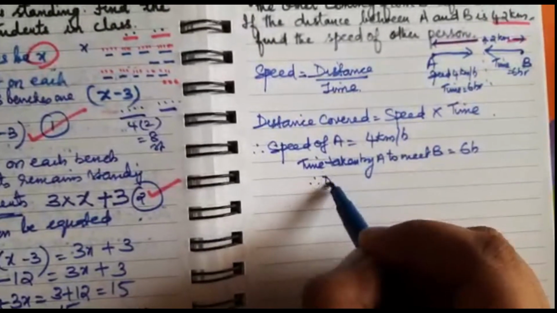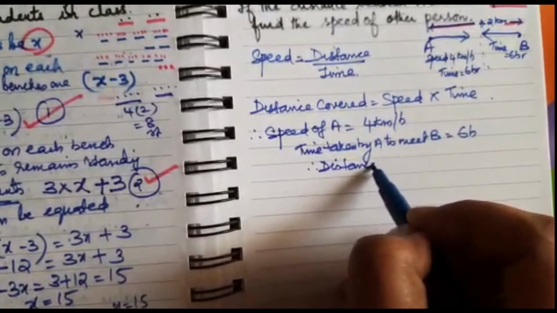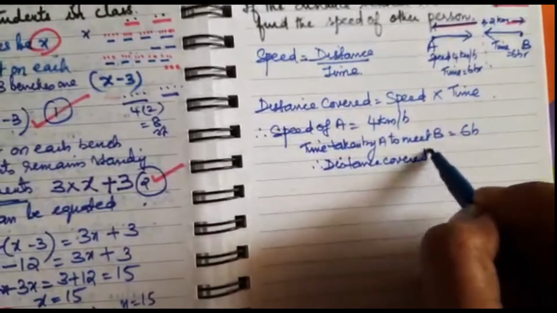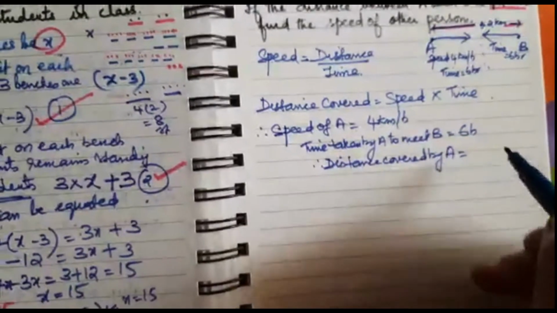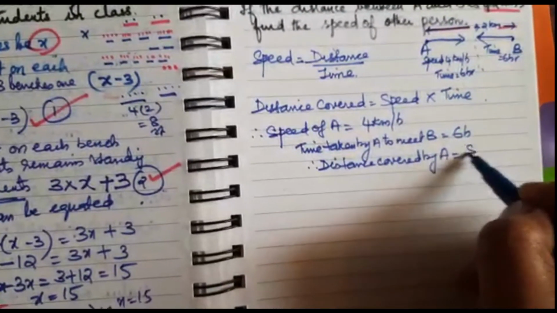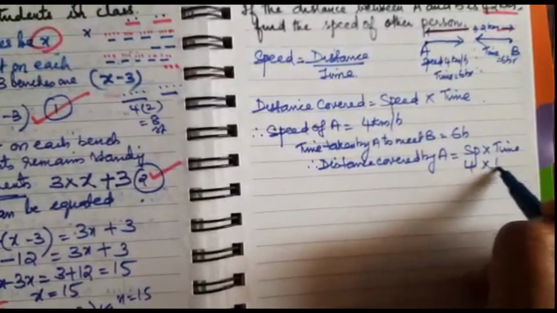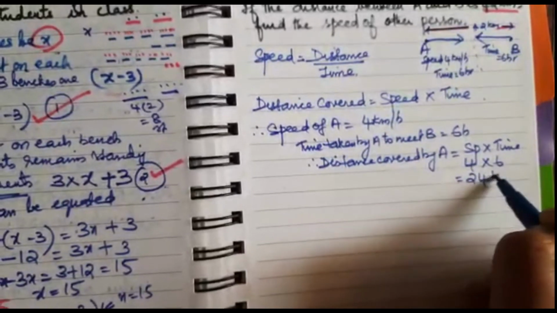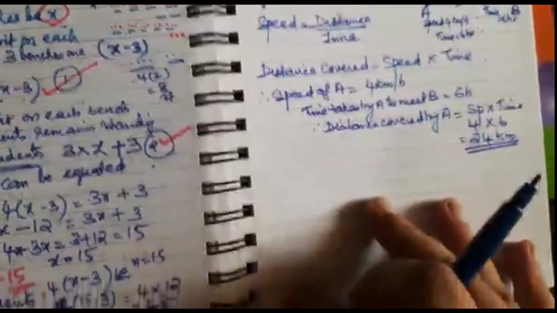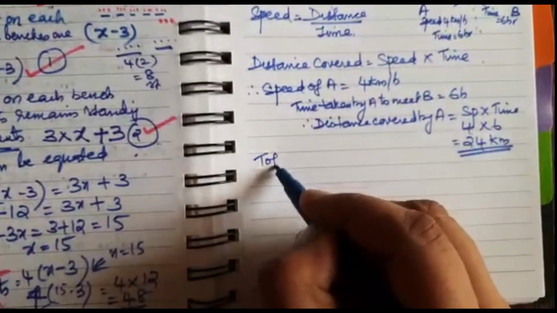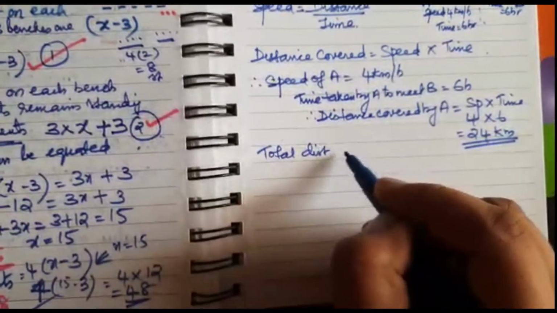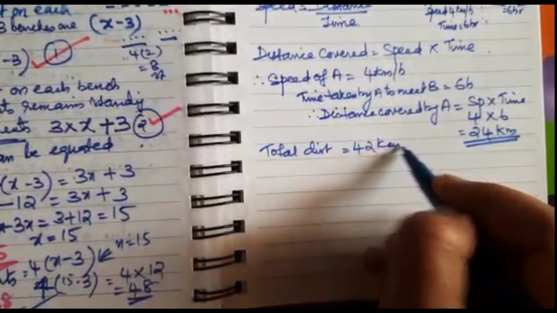So distance covered by A is speed into time. Speed is 4 into 6, that is 24 kilometers. So the total distance is 42 kilometers.